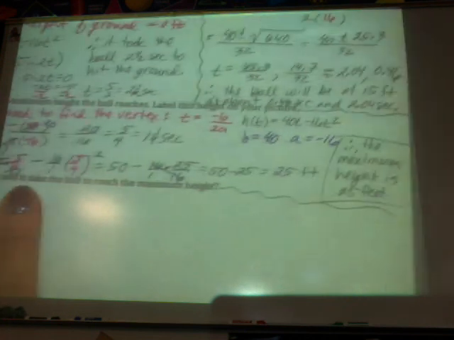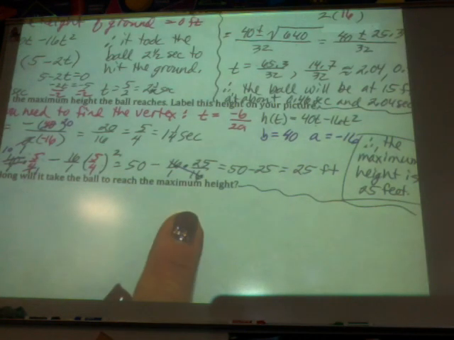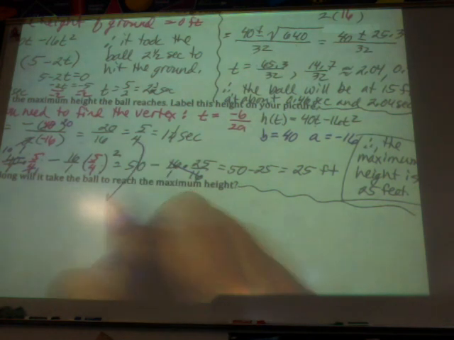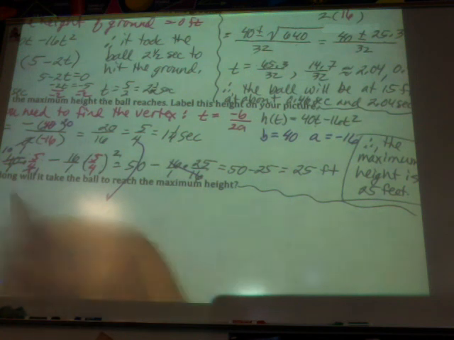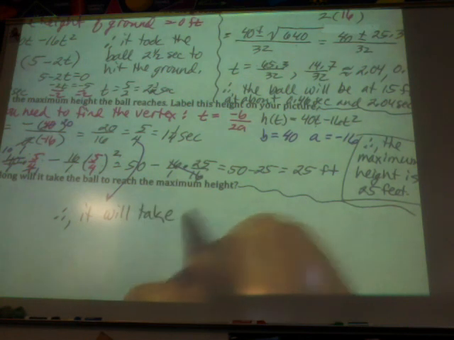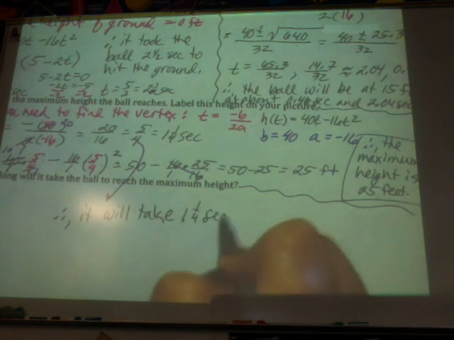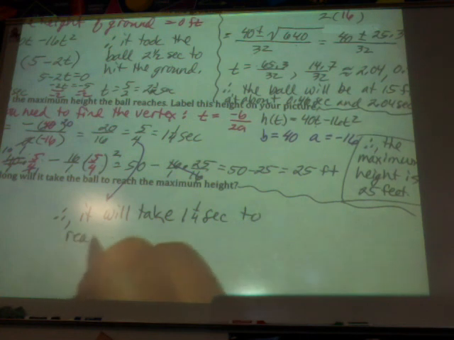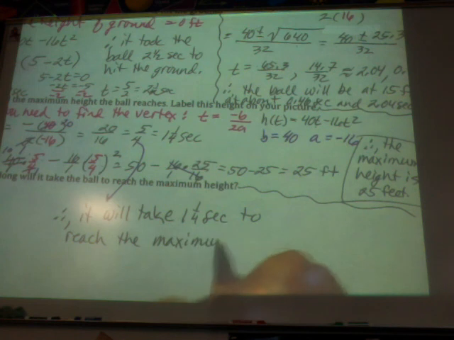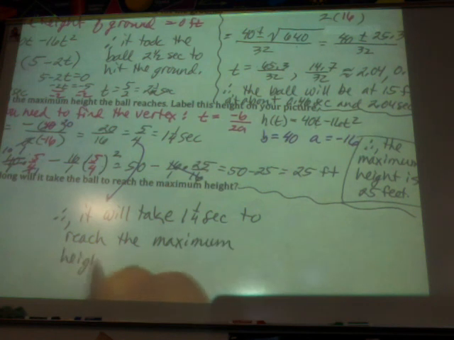But then this part right here says how long will it take to reach that maximum height? Haven't we already found that? So can't we take our knowledge of this and bring it down here and just answer that question? Therefore, it will take 1 1/4 seconds to reach the maximum height of 25 feet.